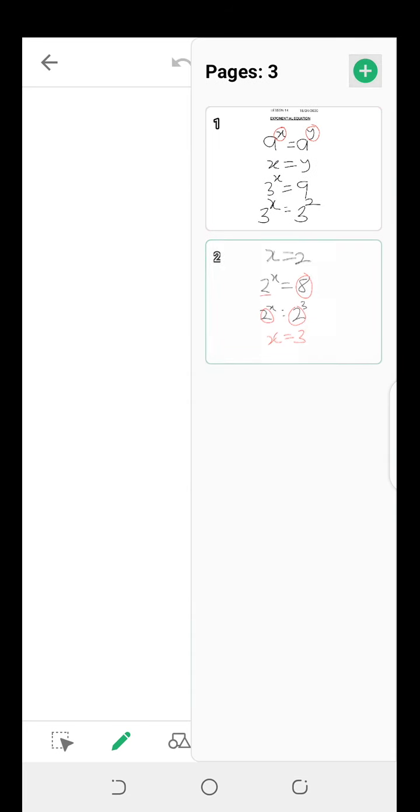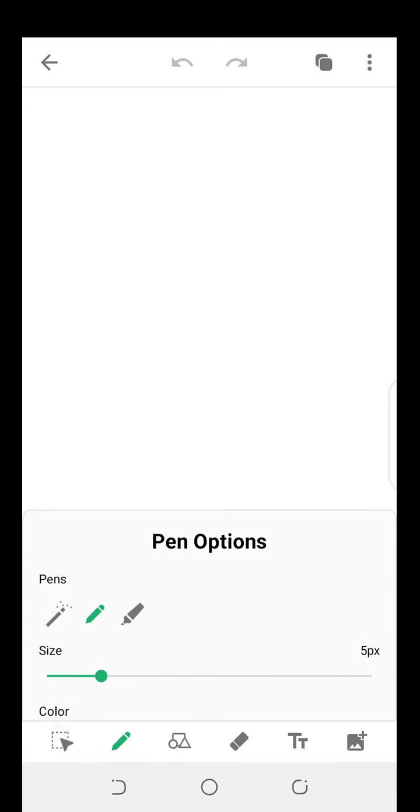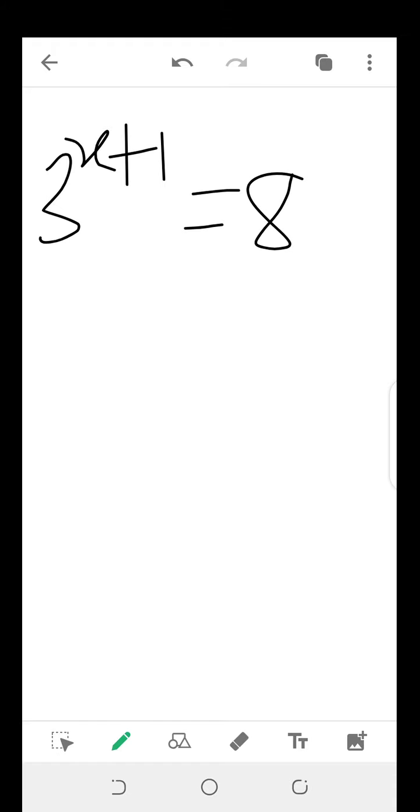Let's take the next example and see how we can also solve it. The question is 3 raised to power x plus 1 is equal to 81.